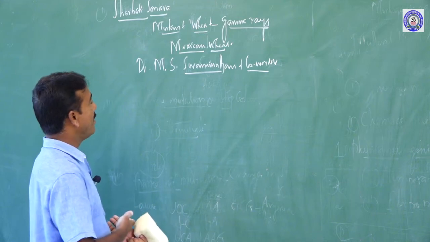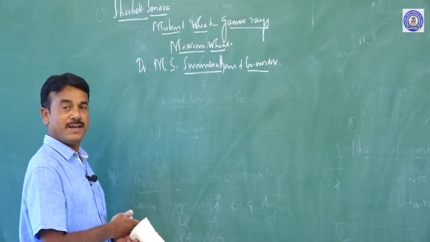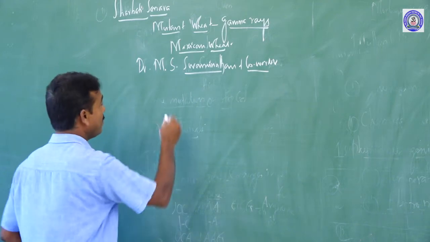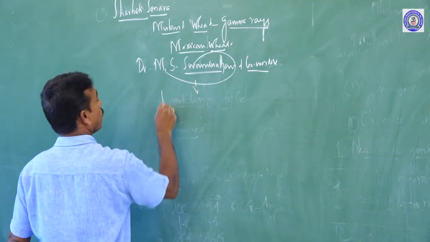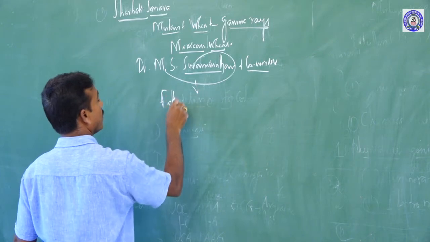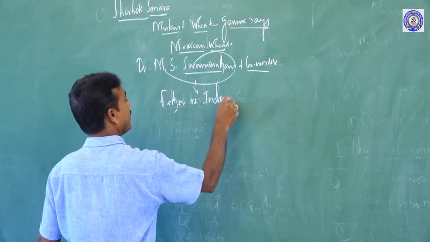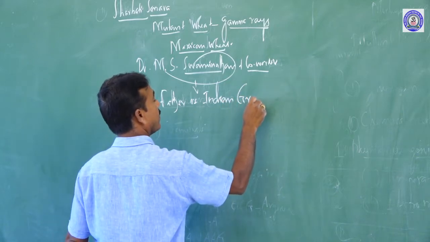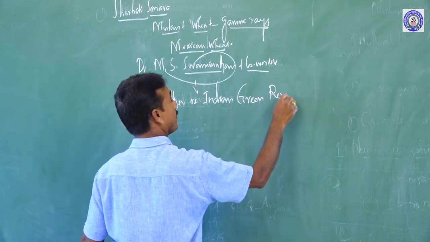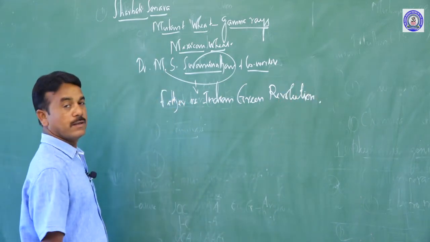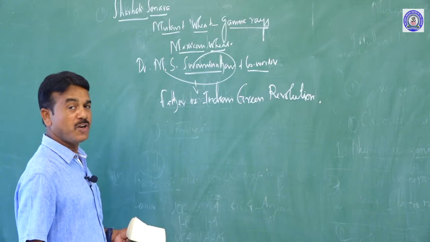Who is M.S. Swaminathan? He is the father of the Indian Green Revolution. That was one variety produced by a physical mutagenic treatment.